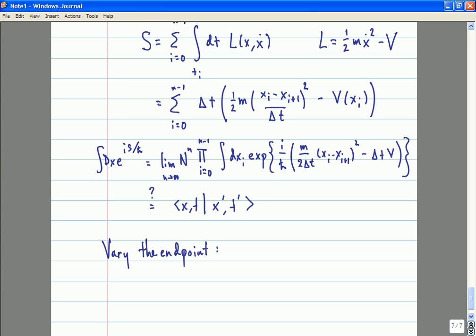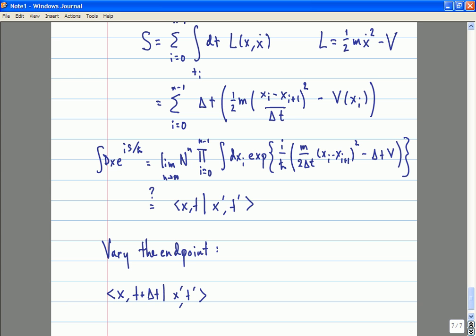So instead, let's compute the amplitude to go from x' at t' to x at t plus delta t, rather than x at t. And by comparing this to the expression at x of t, I'll be able to determine the derivative of this propagator with respect to time and see whether it's equal to the Hamiltonian times the propagator.